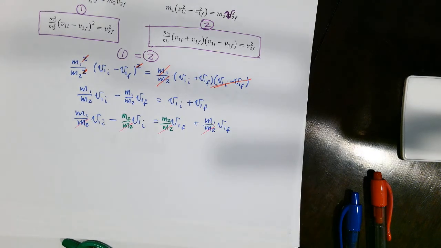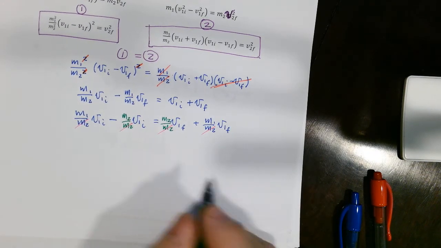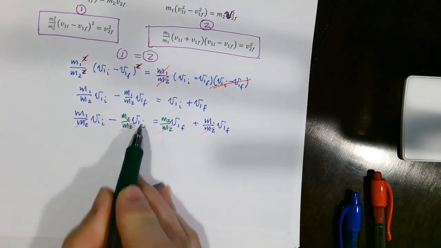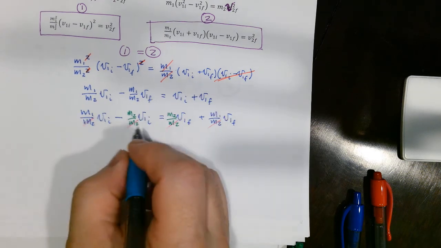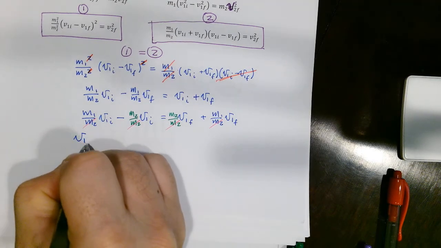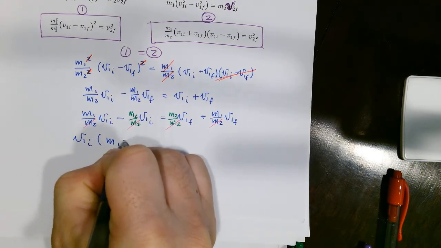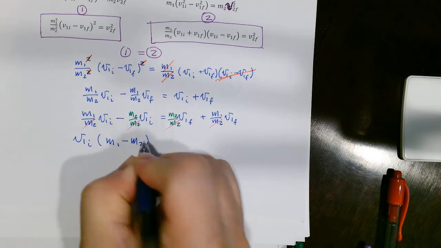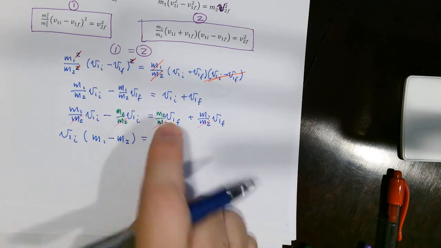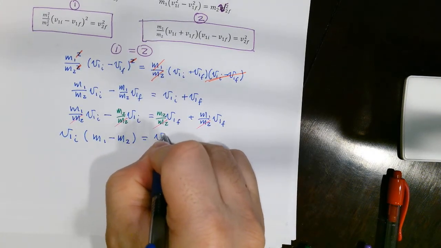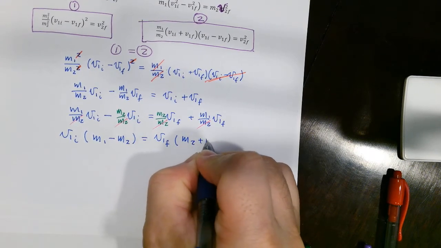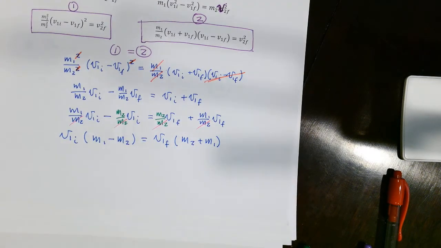So on this side I can factor out the v1 initial: v1 initial times m1 minus m2 is equal to, if I factor out the v1 final, v1 final times m2 plus m1.